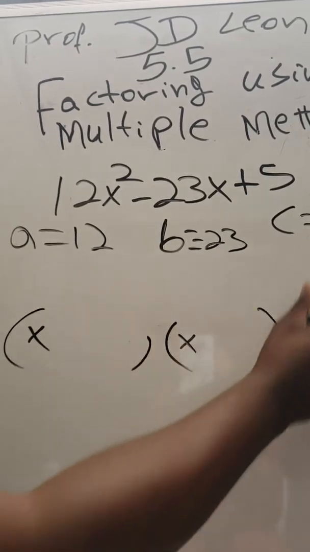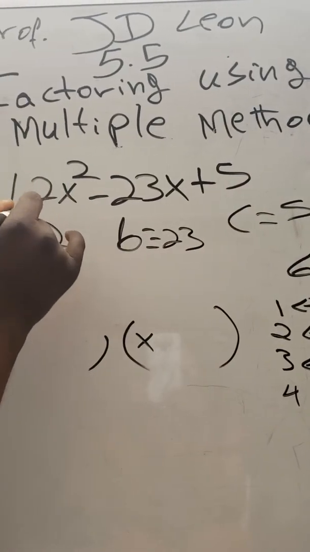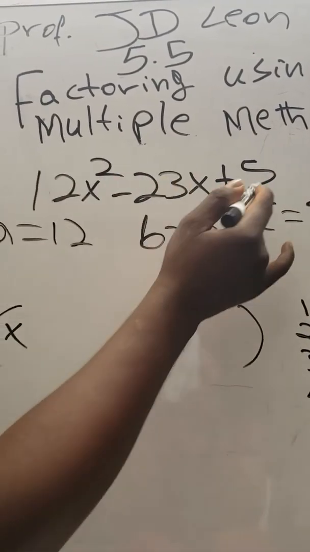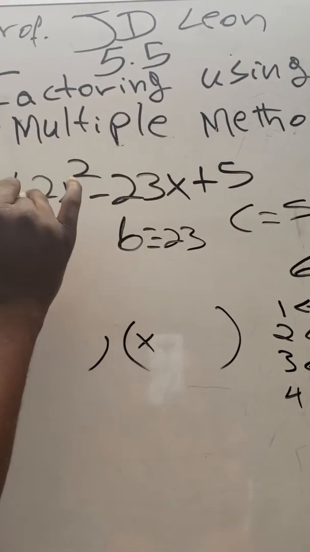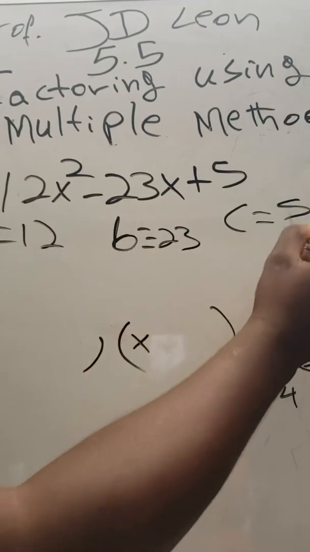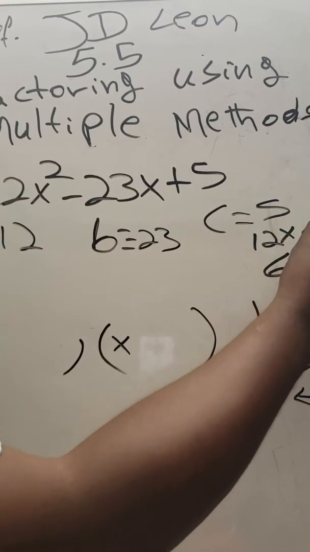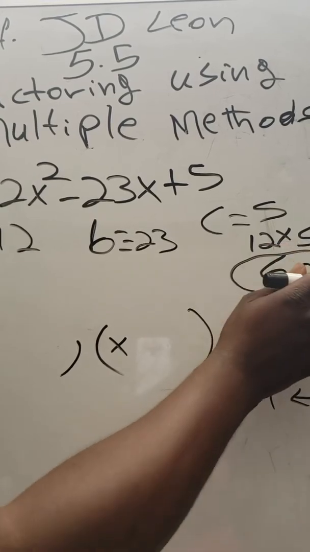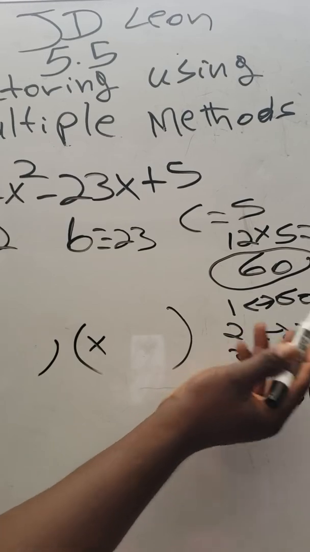To figure that out, you have to multiply the coefficient of the first term by the third term, which is C, so it becomes 12 times 5. That's how we end up with the 60 here. And when you break 60 down, if we divide by 1, it's still 60.